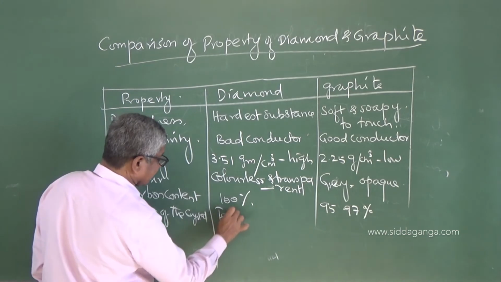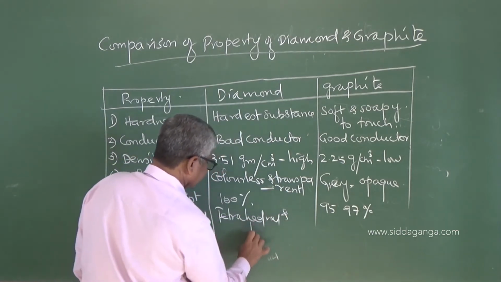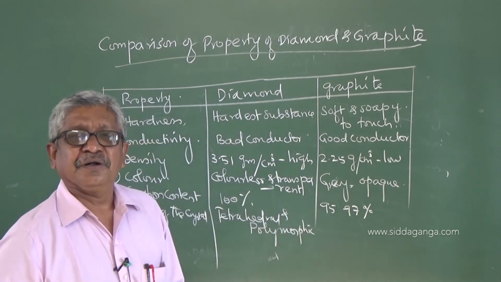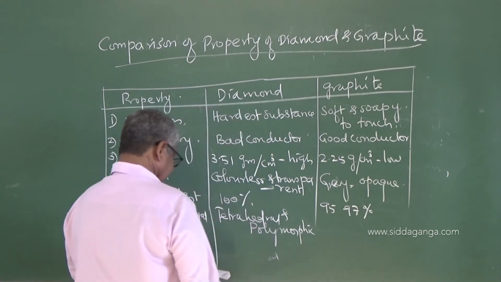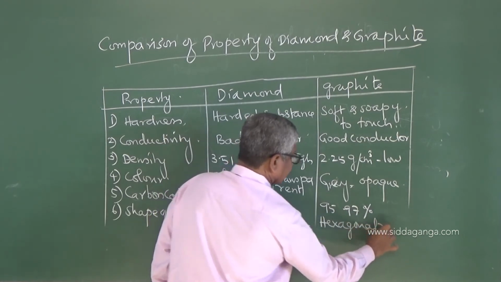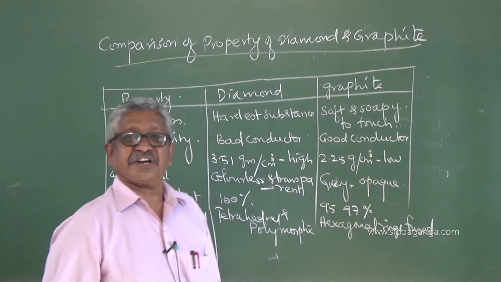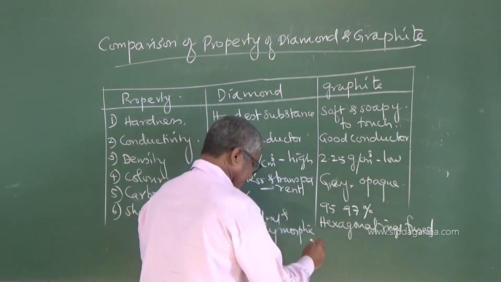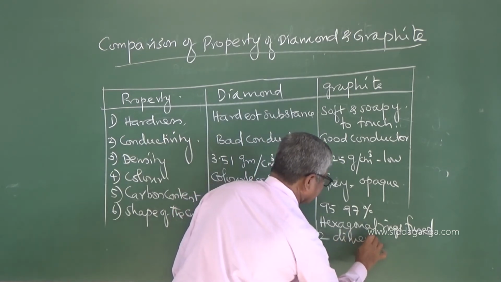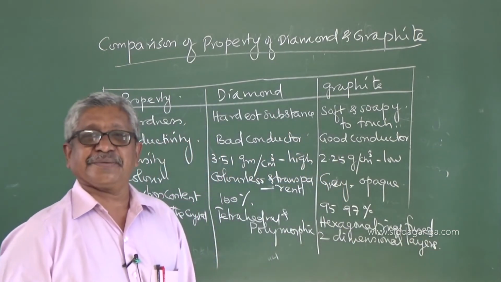Diamond is tetrahedral and polymorphic. In graphite, hexagonal rings are fused to two-dimensional layers.